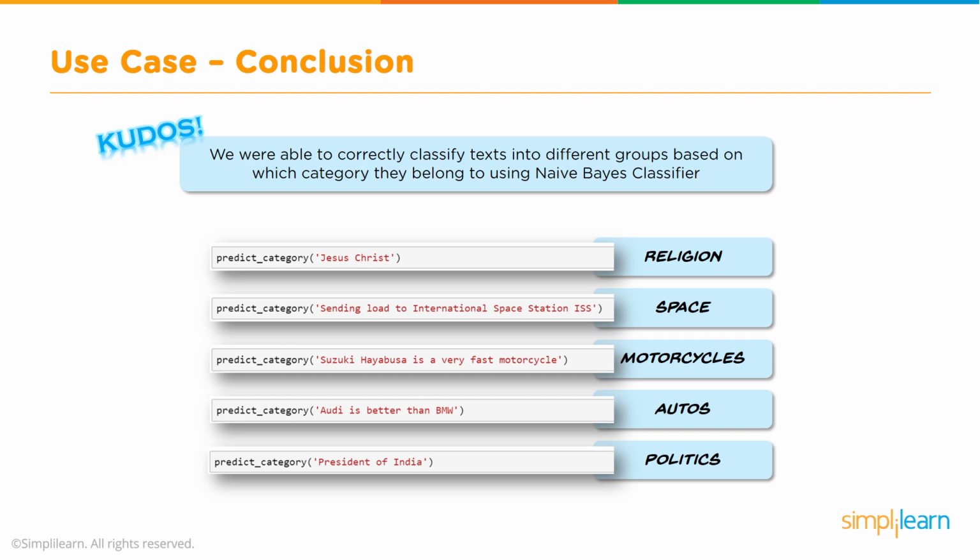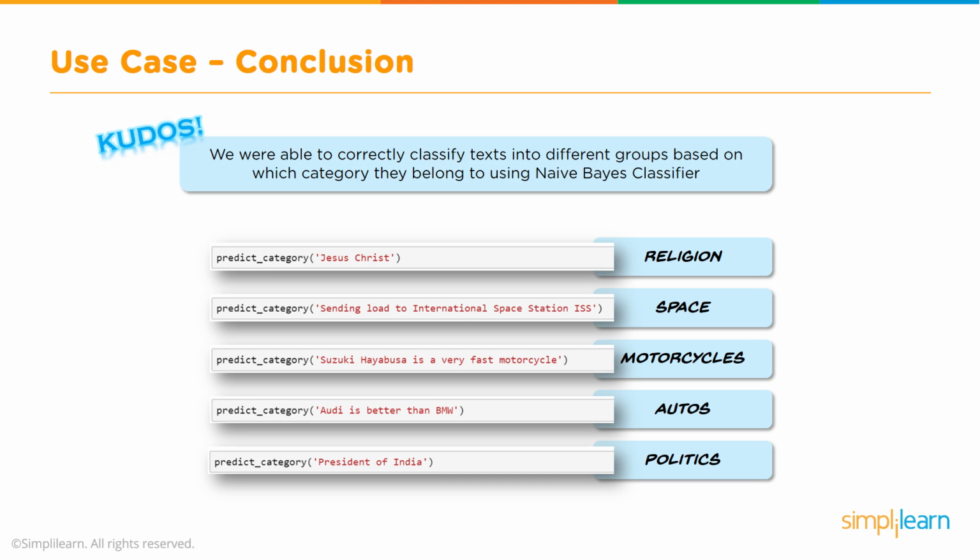One of the main uses for the Naive Bayes is with the TF-IDF tokenizer or vectorizer, where it tokenizes the word and adds labels. And we use the pipeline because you need to push all that data through, and it makes it really easy and fast. You don't have to know those to understand Naive Bayes, but they certainly help for understanding the industry and data science. And we can see our Naive Bayes classifier was able to predict the category religion, space, motorcycles, autos, politics, and properly classify all these different things we pushed into our prediction and our trained model.